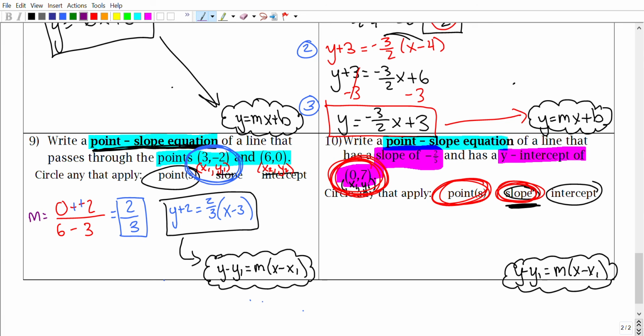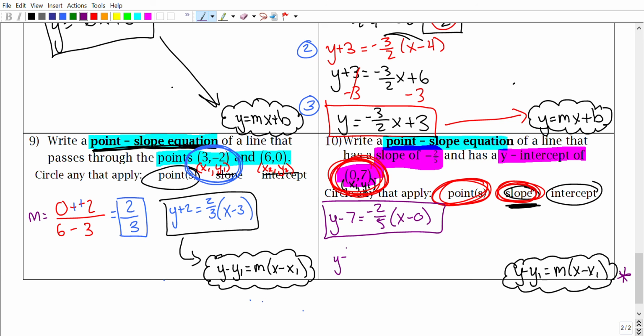So let's go ahead and try that out. So remember, point slope has to be in this form. So I'm going to do y minus, my y1 is 7, equals m, which is -2/5, times x minus 0. Now, a lot of you guys might leave it like this, which is an acceptable answer. That's actually kind of nice because it helps you identify the point that you used.